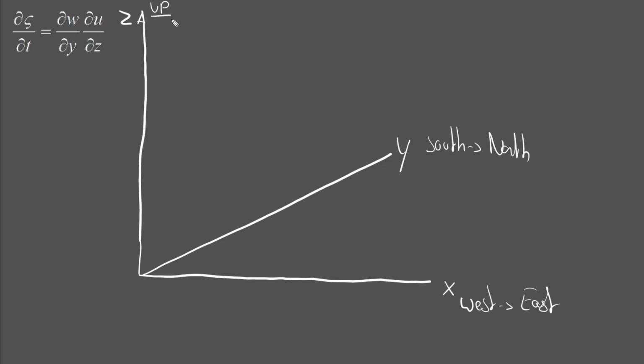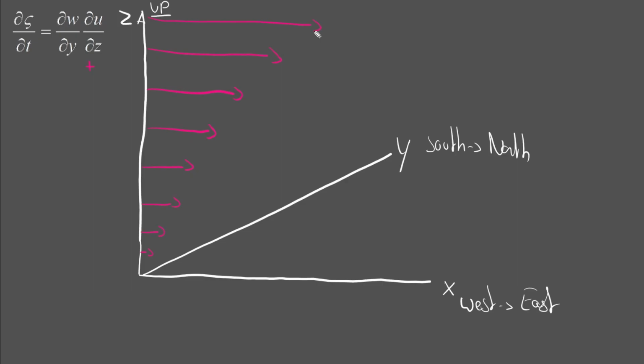We know, again, du/dz is positive, or we want du/dz to be positive. This means that if you go upward into the atmosphere, wind speed starts to increase, which is exactly what we want.